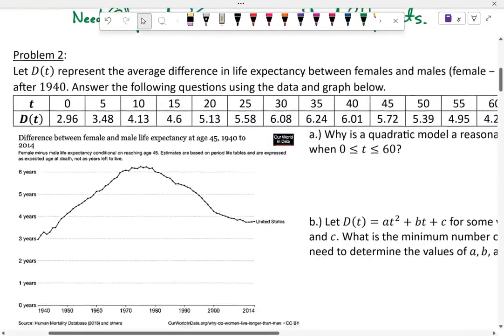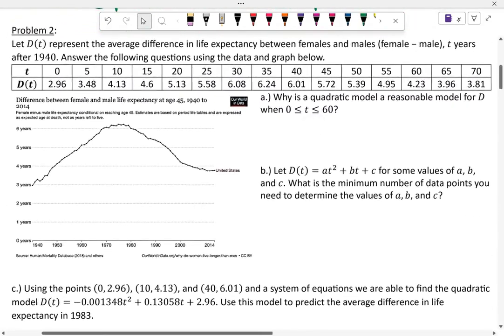All right, let's go ahead and move down to problem number 2. Problem number 2 says let d of t represent the average difference in life expectancy between females and males, so female minus male, t years after 1940. Answer the following questions using the data and graph below.